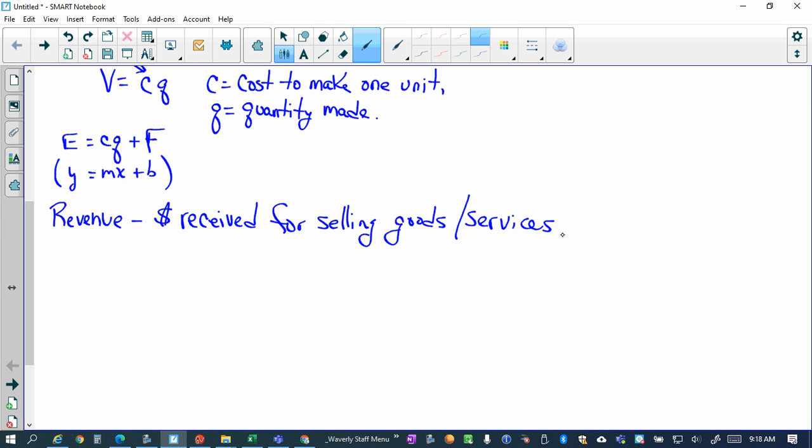So, revenue: you sell these widgets at a particular price. What do you want to use for a standard price? How about P? And you sell a certain number of them, Q, the number of widgets that you sell. So how about we have another equation? Revenue equals P times Q. And we'll say that P is the selling price per unit.